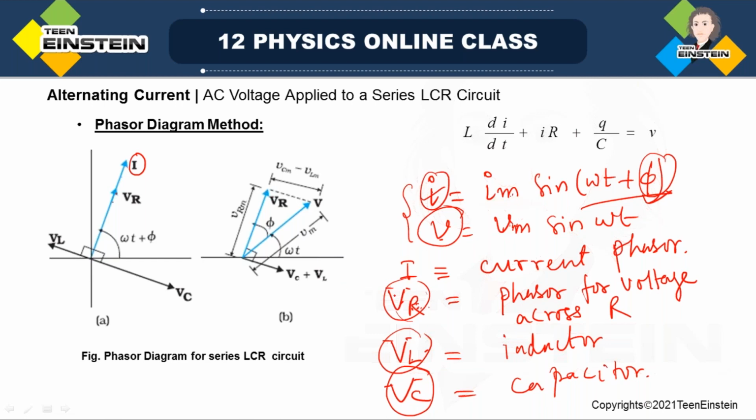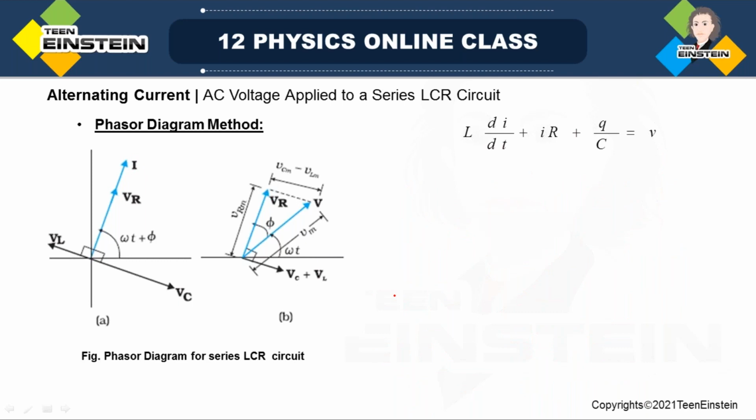I'll just write one by one. VR can be written as Im into R. Then VL can be written as Im into XL, where XL is the inductive reactance that you remember, I hope.